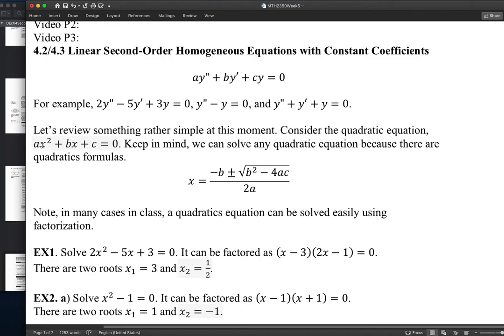That quadratic equation is the so-called characteristic equation. Then the differential equation can be solved according to the solutions of the characteristic equation. Because we are considering the second order linear differential equation, the characteristic equation is always quadratic.